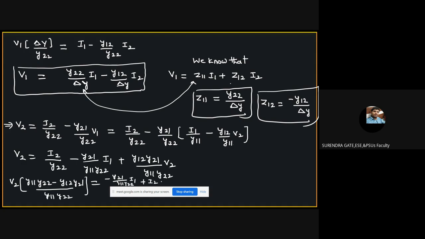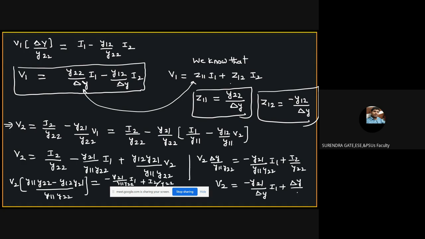Then take V2 common: V2 into Y11 Y22 minus Y12 Y21 by Y11 Y22, and from this it is the delta Y. Then V2 into delta Y by Y11 Y22 is equal to minus Y21 by Y11 Y22 into I1 plus I2 by Y22. Now from this, what is the V2? Y11, Y22 cancel, minus Y21 by delta Y into I1 plus Y22 is cancelled, then Y11 by delta Y into I2. Yeah, this is the V2 equation.